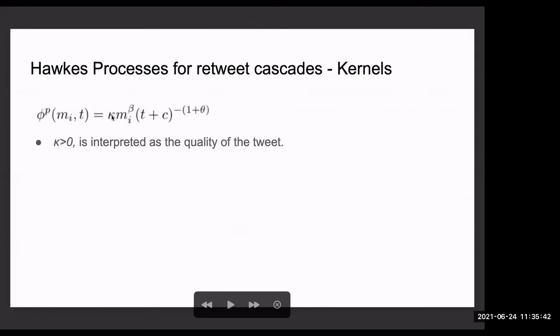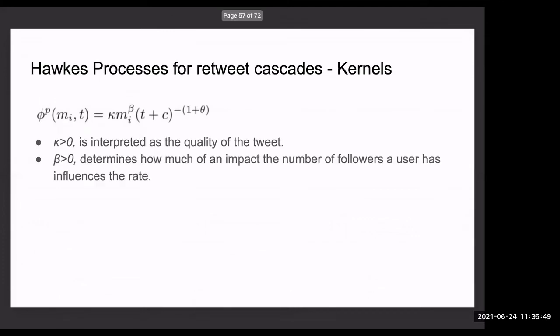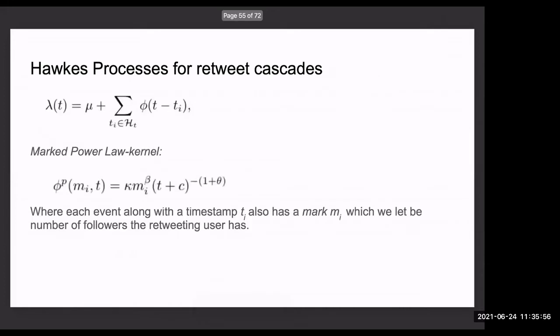So the kappa is just the quality of the tweets. The higher the kappa, the bigger the jump in the Hawkes process, and the beta determines how much impact the number of followers has. Sorry, so in this marked power kernel, we do not only have timestamps, but each timestamp also has a mark, which is the number of followers that the user who retweeted at that time has.